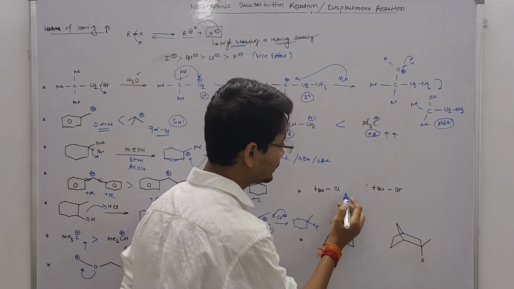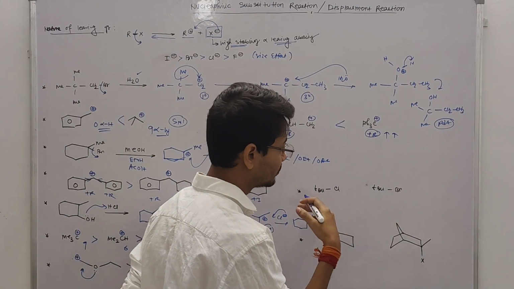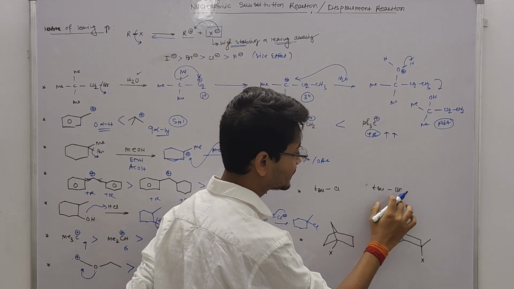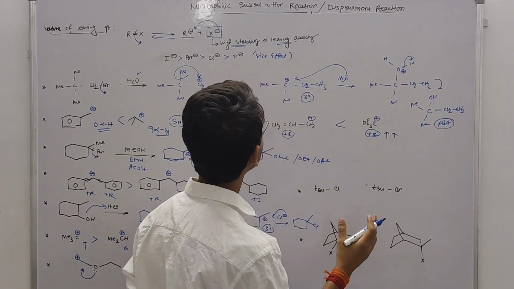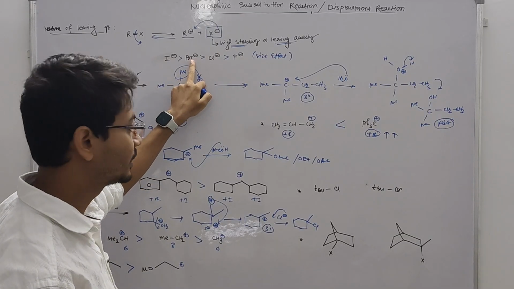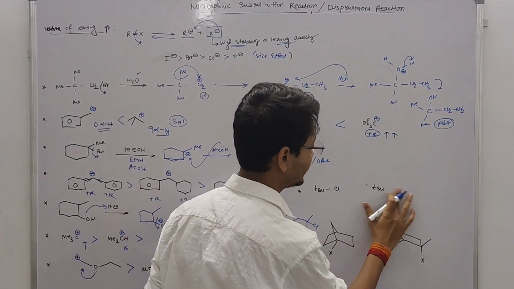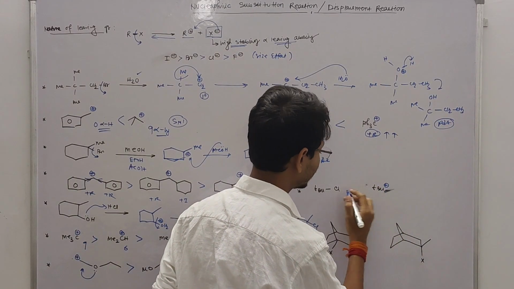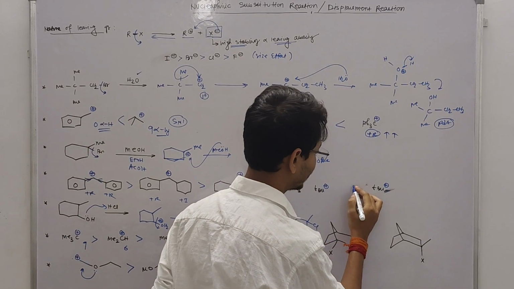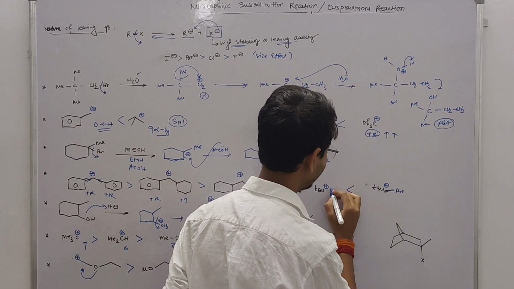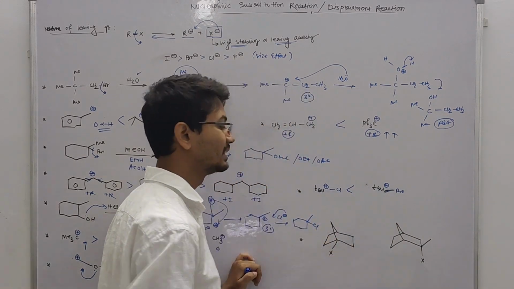Here, the same substrate, but they changed the leaving group: chlorine in one case and bromine in the other. As you know, bromine has much more leaving group ability, so this will kick out and make a positive charge there. So you can say this will undergo a faster rate reaction because bromine is there, compared to chlorine. So there comes leaving group ability.